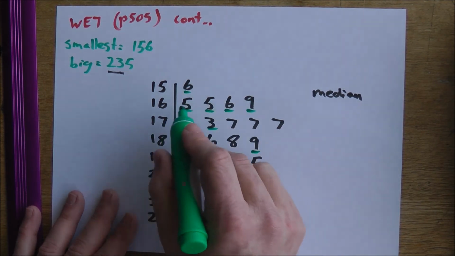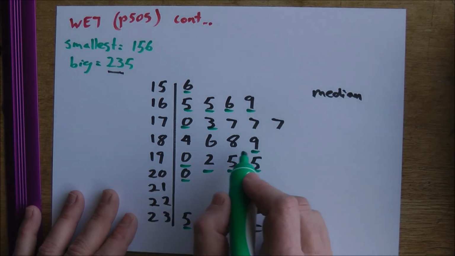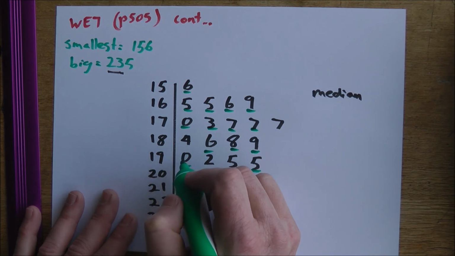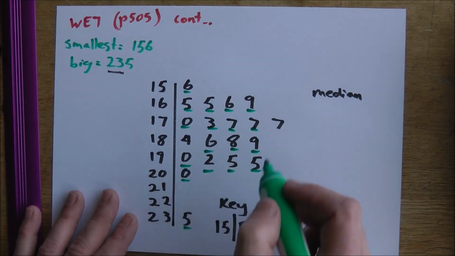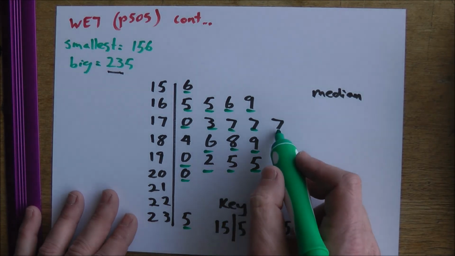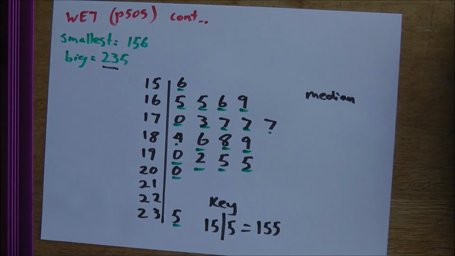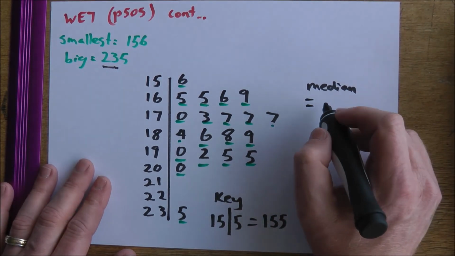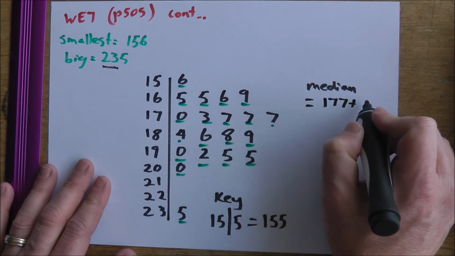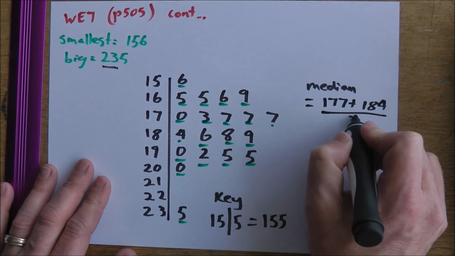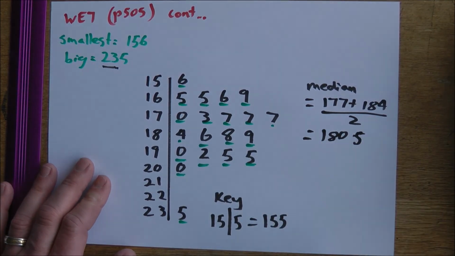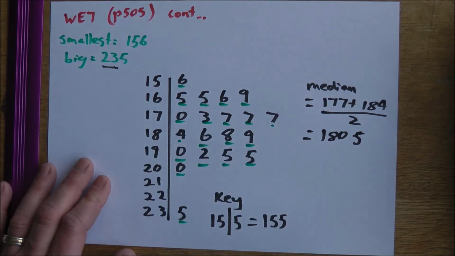So he's still working his way up, and this one's still working down, like that. And there we go. 177 and 184 are my two that are left in the middle. So I need to average them out. So the median equals 177 plus 184 divided by 2, so the median is 180.5. There is no actual result in there that's that, but that's still what my median is.